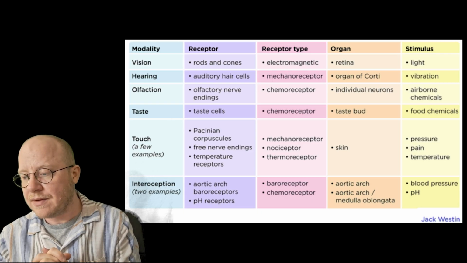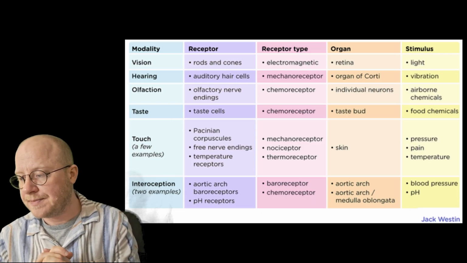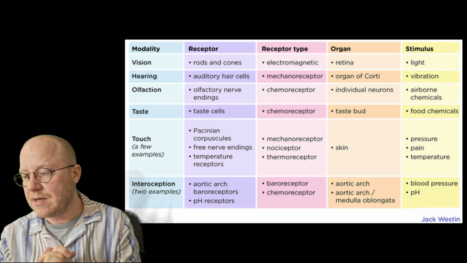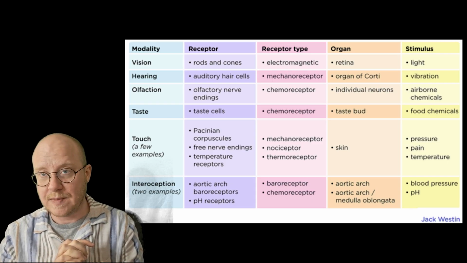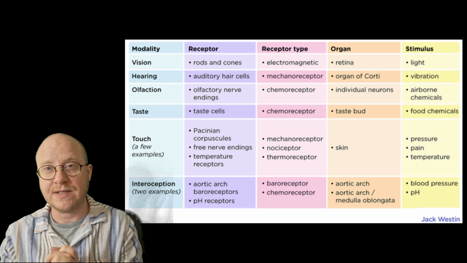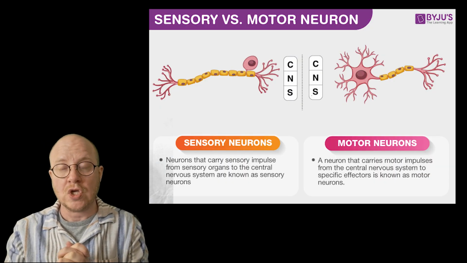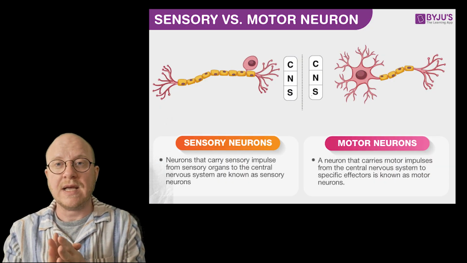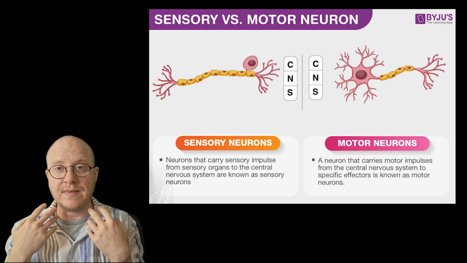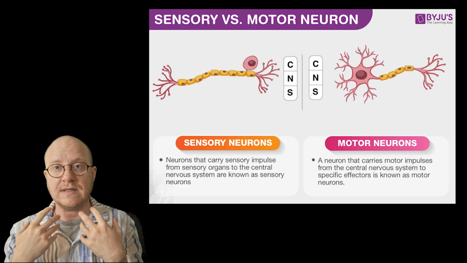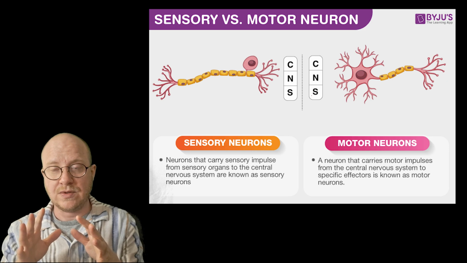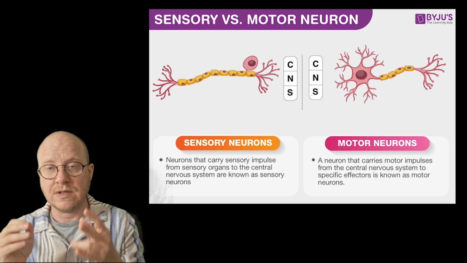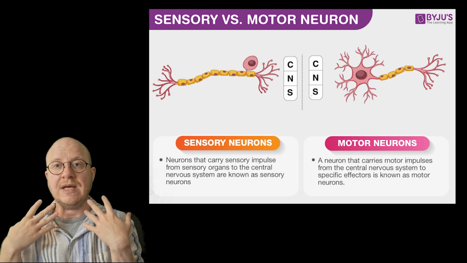There are many other receptor types as well. The neurons that carry impulses from receptors to the brain or the spinal cord are called the sensory neurons. Okay, so motor neurons take the response from the brain and spinal cord, from the central nervous system, back out, right? Those are the motor neurons. The sensory neurons are the ones that send the information in.